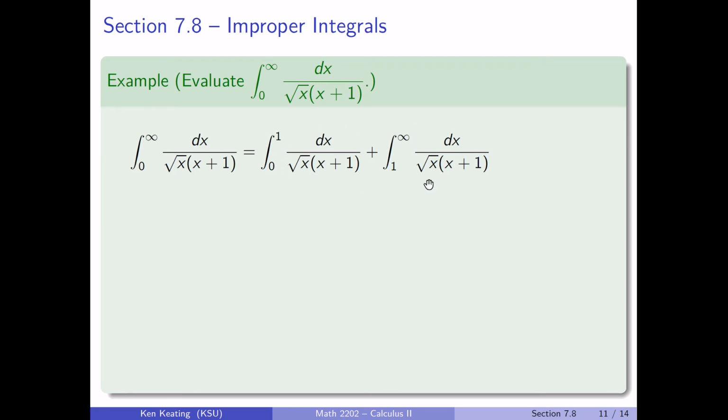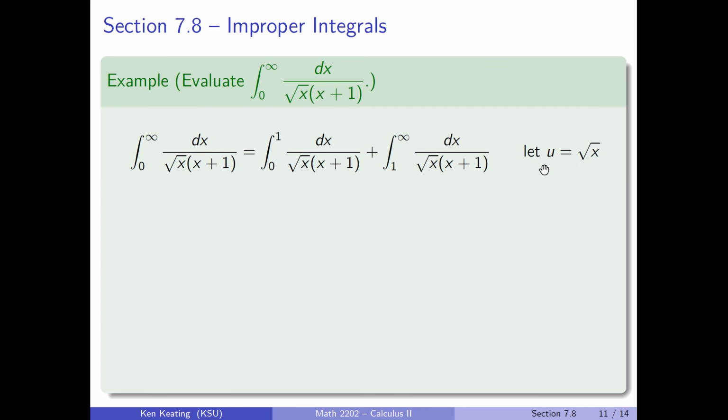Now I'm going to try and integrate each of these, but of course in the first integral I need to replace the lower limit of integration with a limit, and in the second integral I need to replace the upper limit of integration with a limit. And I'm going to do a substitution while I'm doing this to integrate this function, 1 over the square root of x times x plus 1. I'm going to do this with the substitution u equals the square root of x.